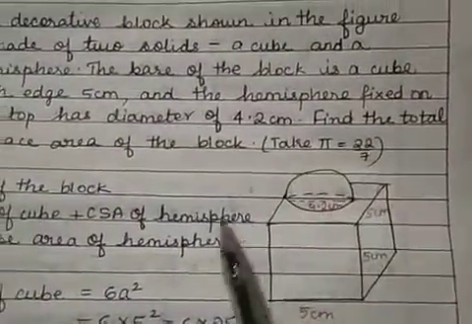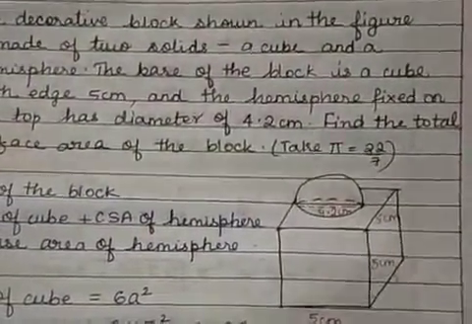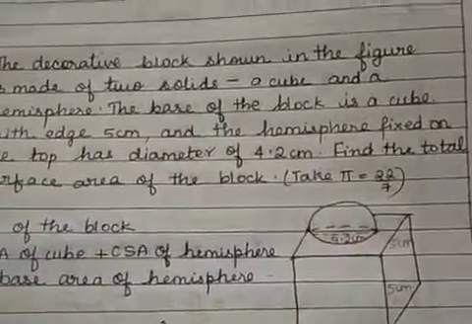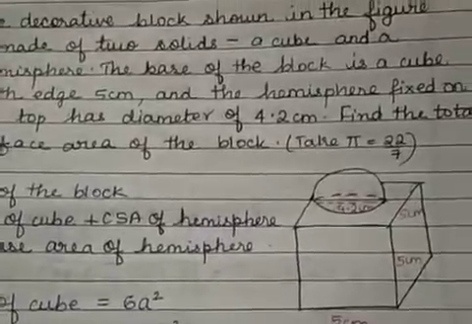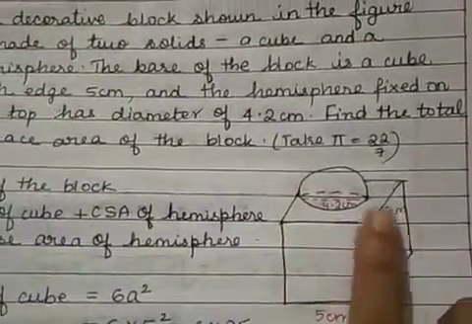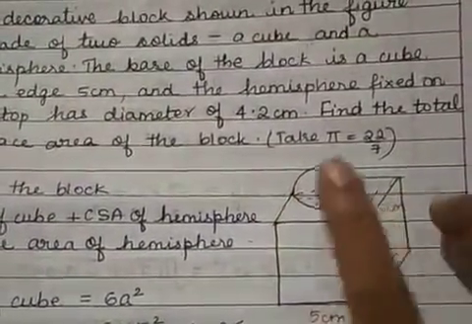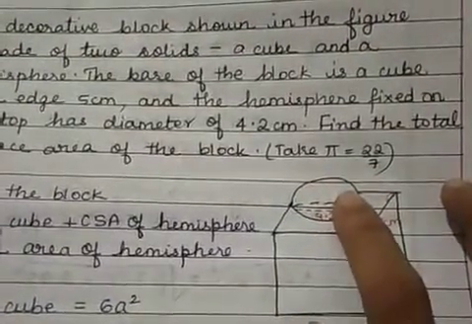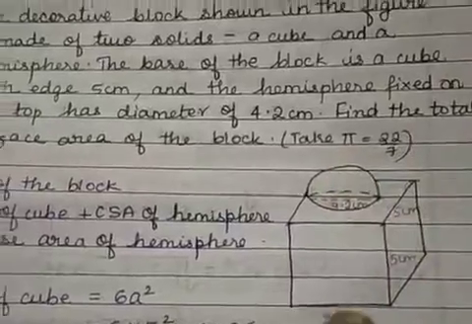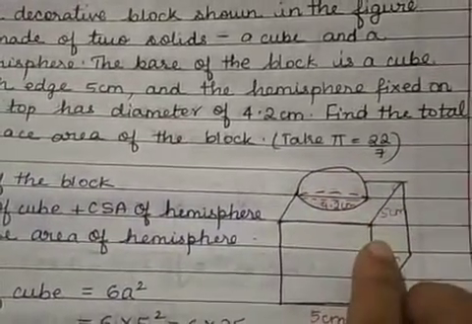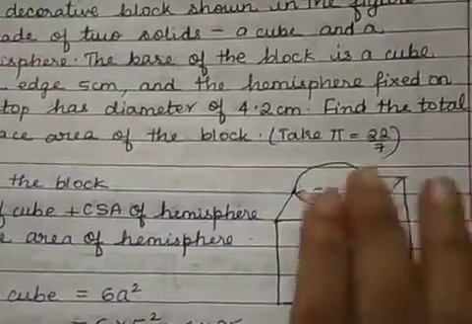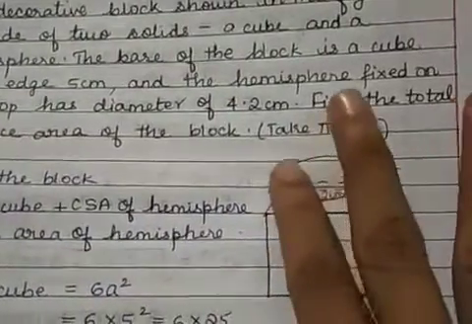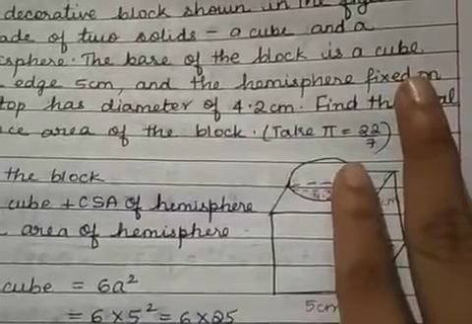Now if I want to find the total surface area of this block, it will be total surface area of the cube. So how will you find this? You want to find the surface area of this cube and the outside hemisphere part, correct? So if you want to find the total surface area of this block, you have to find the total surface area of the cube plus the curved surface area of the hemisphere.